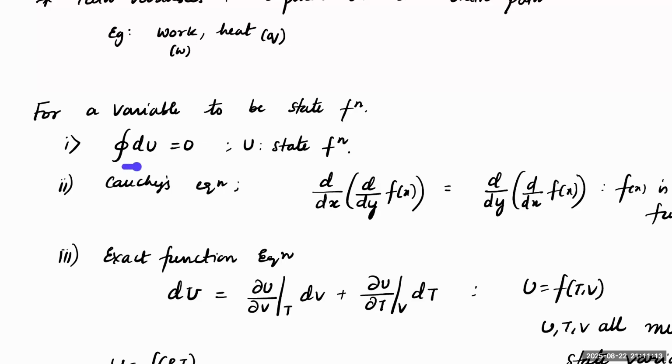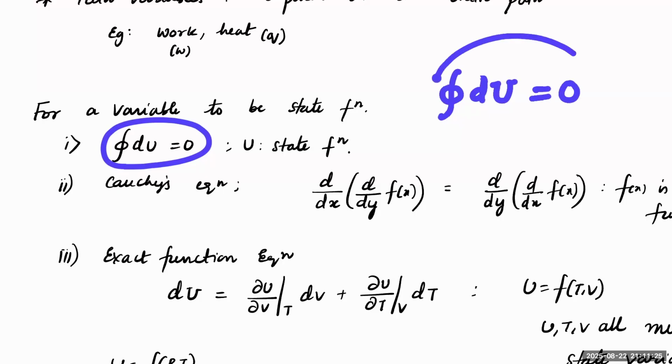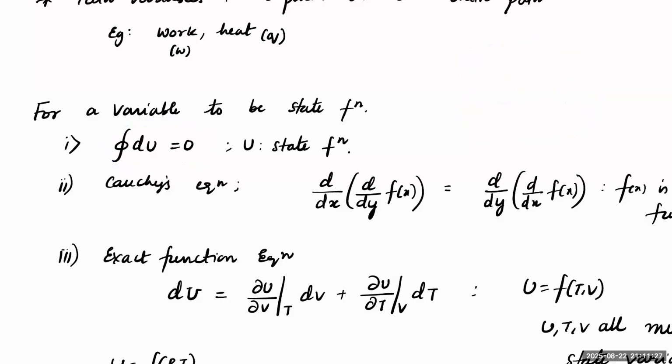One is the cyclic integral value. The cyclic integral of any change in a state function has to be zero. Got it?